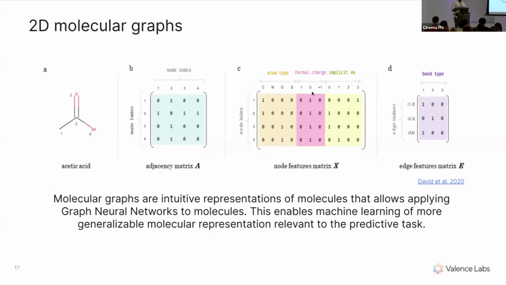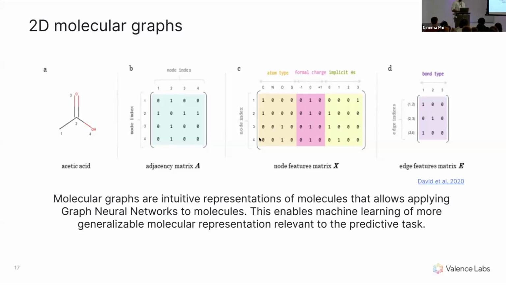You can also add some node features, so some properties of your atom. So it can be the atom type. Is it carbon? Is it hydrogen and such? You can add other information like the charge of your atom. So is it positively charged, negatively charged and such, and also things like the number of implicit hydrogens and such.